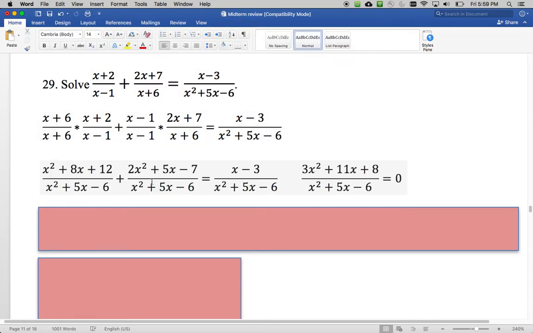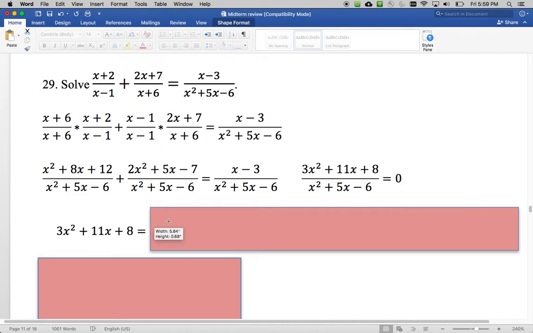We multiply everything out and combine like terms. Now that we have common denominators, you can move this x minus 3 over, so we get this whole big thing. And then you can totally get rid of your denominator now by just multiplying both sides by the denominator, and anything that's multiplied by 0 is just 0.